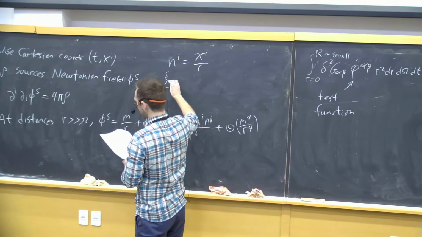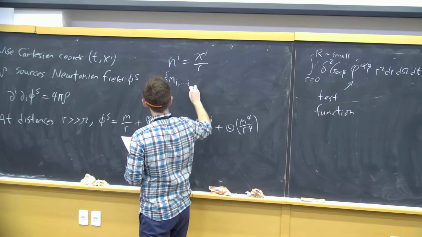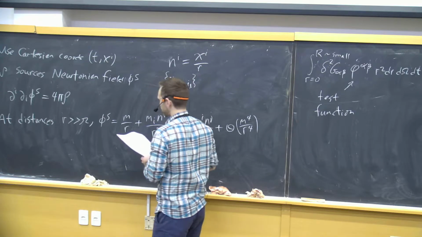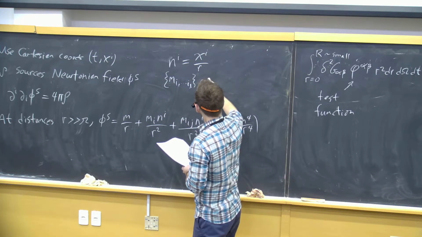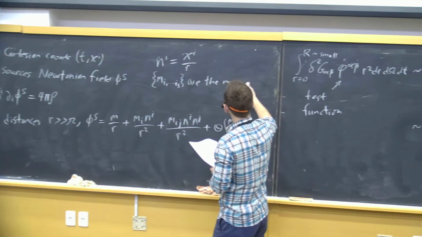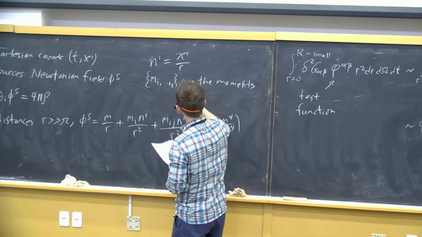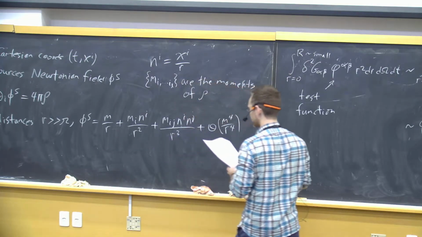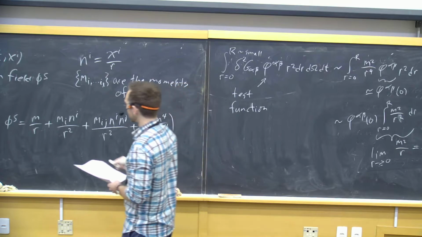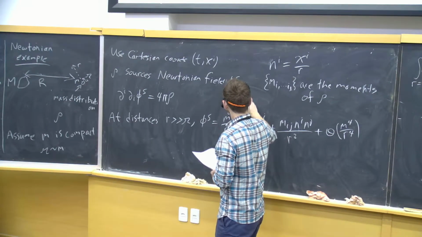So these multipole moments are the moments of that matter distribution, moments of rho. So this is the total mass contained in rho.